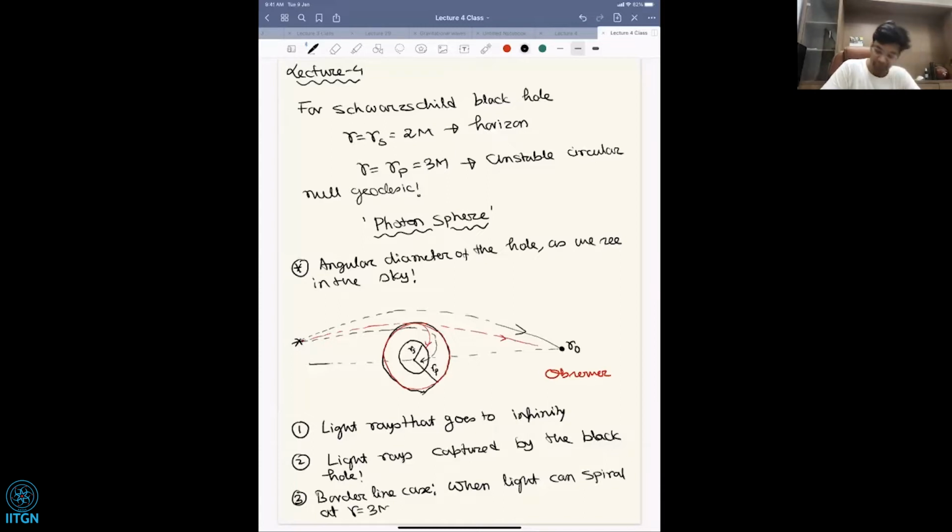This is possible because this is a circular null geodesic, but with a little bit of perturbation, it's an unstable orbit.